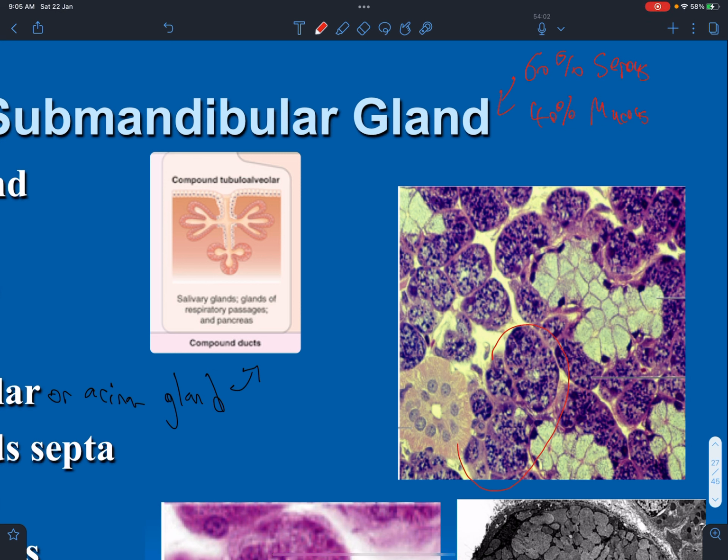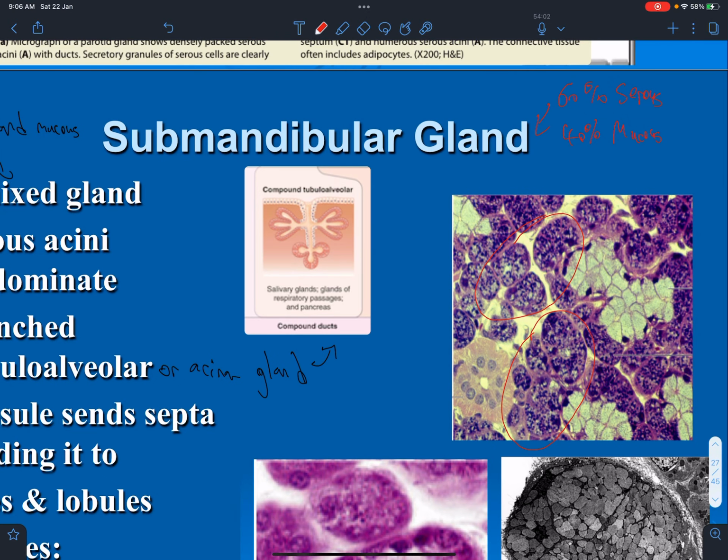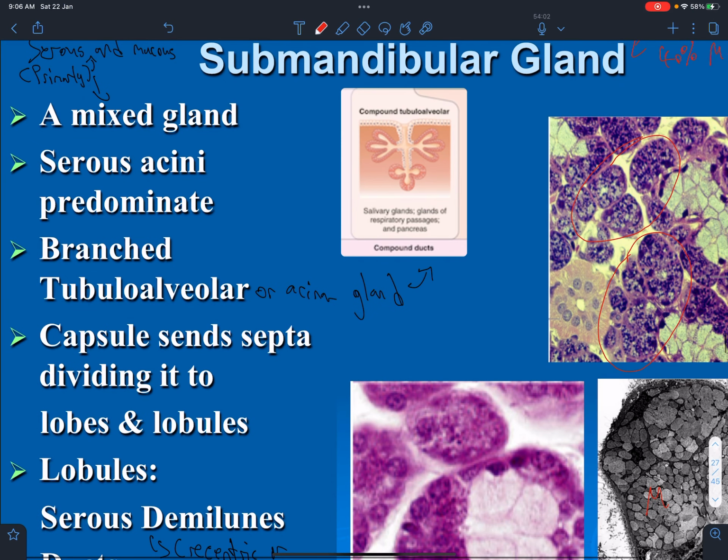That's why in this picture, if you see both serous and mucus, but the majority of cells are serous acini, this is submandibular and not sublingual, because sublingual is the opposite. That's why in some books they say sublingual secretes only mucus. It's not true, but they mean the majority of them secrete mucus. That's the meaning of serous acini predominate.